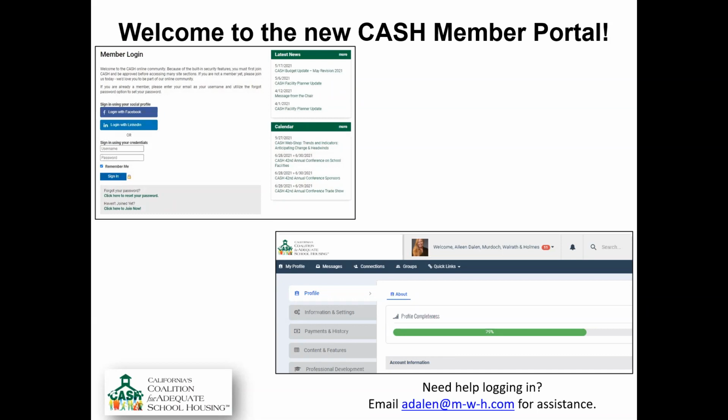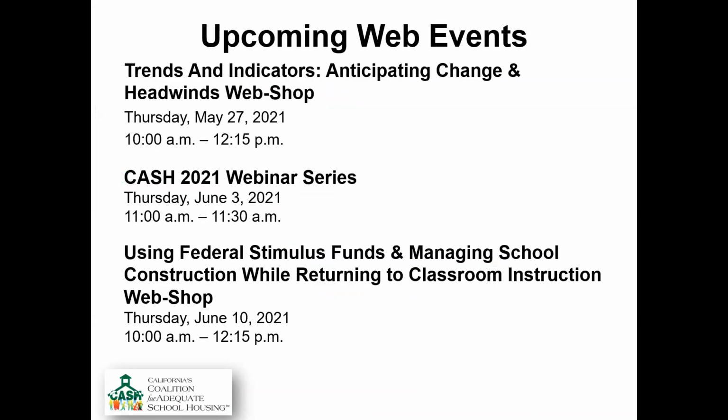Next slide, let's talk about some upcoming web events. The web shop Thursday is tomorrow, and it's going to address the GAN limit trends, budget indicators as seen in 2021-22, the state budget May revision, and enrollment trends in California.